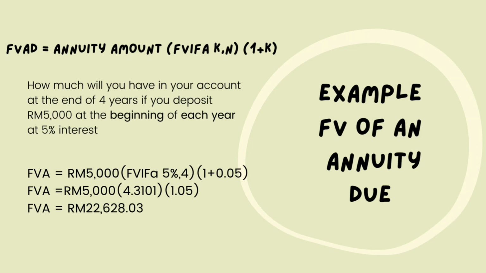So the annuity amount will be 5,000, k will be 5% and n will be 4 years. Then we multiply with 1 plus 0.05 as the interest rate. So the answer would be 22,628 ringgit 3 cents.